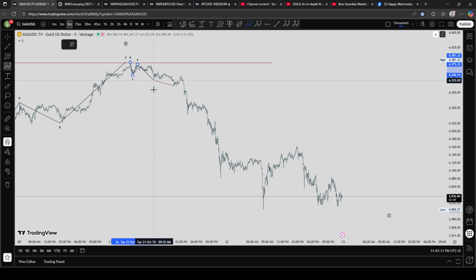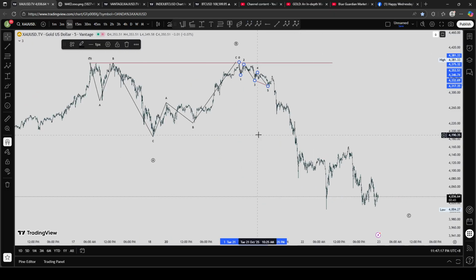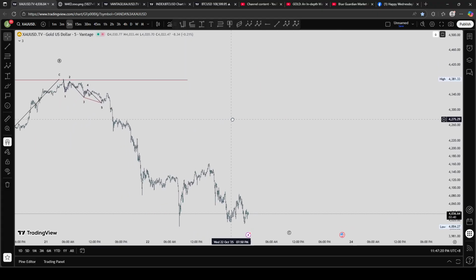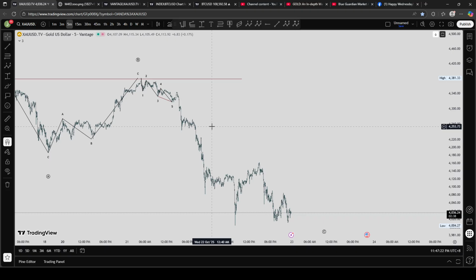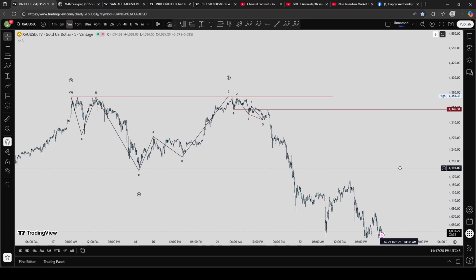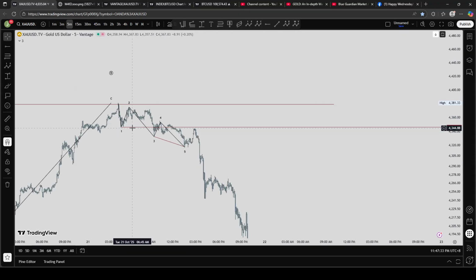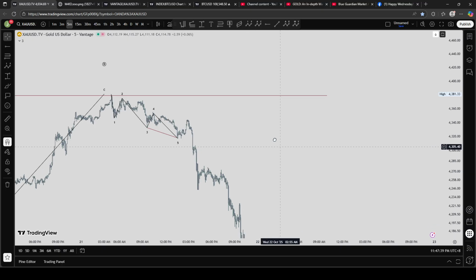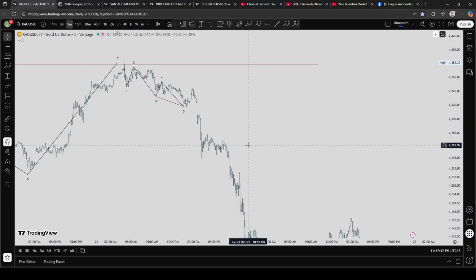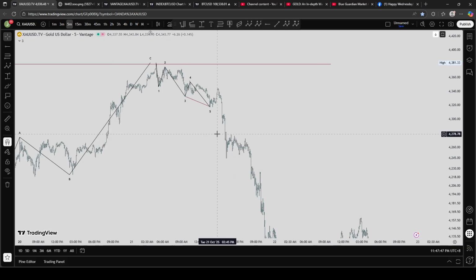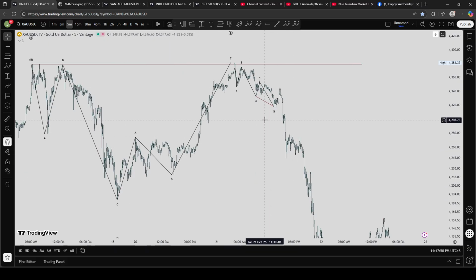So to illustrate, this is the first wave of the 5 waves that we are expecting in the expanded flat scenario. Here in this case, it's obvious that the territory of wave 1 was overlapped by wave 4, which makes this a leading diagonal. Therefore, we will label this as the first wave of the expected 5 internal waves down.